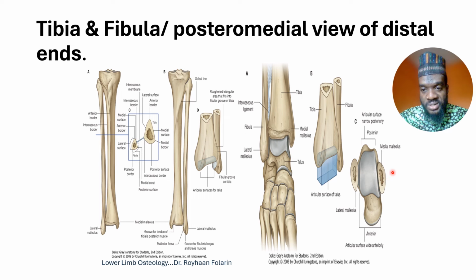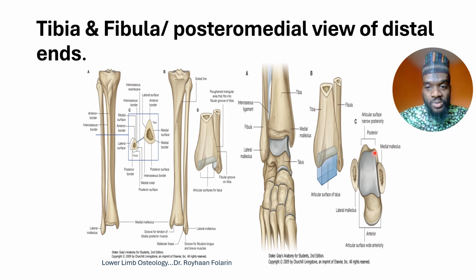Yeah, so here is the cut sections, right? The cross sections of both bones. So this being the lateral malleolus, which will always come from the fibula, and then the medial malleolus contributed by the tibial bone.